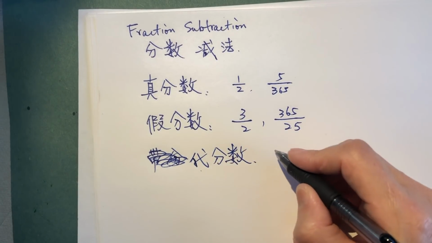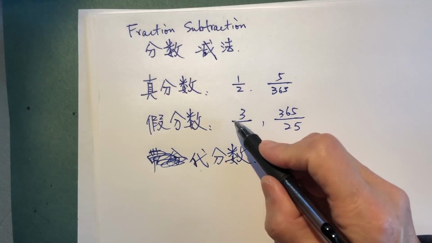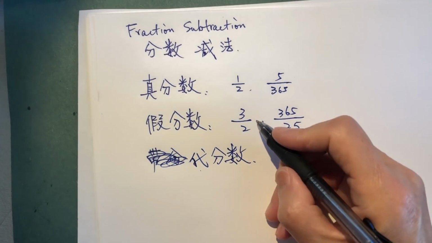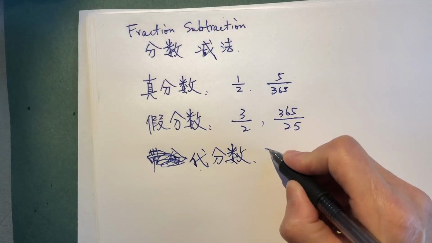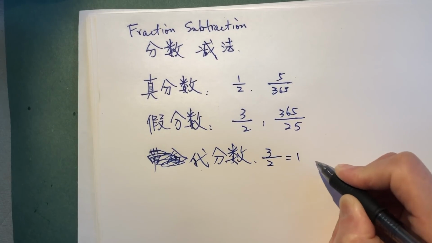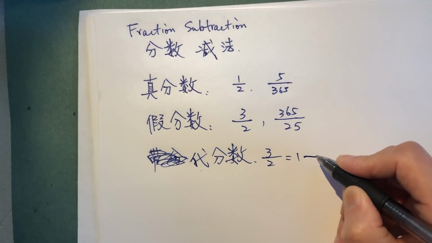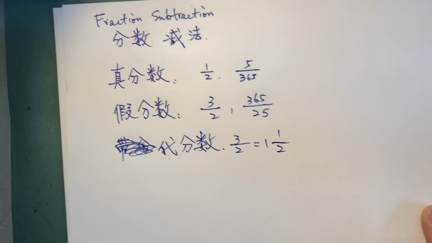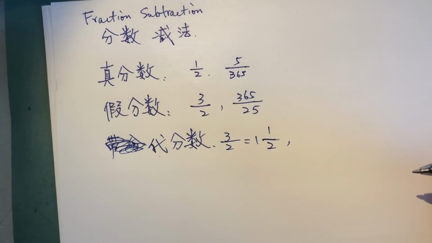So, for example, all the 假分数 can be a 带分数. 3 over 2 equal to 1 and a half. Okay, this number is a little bit big.